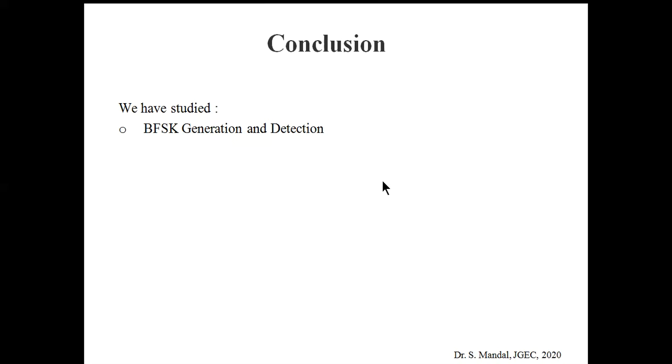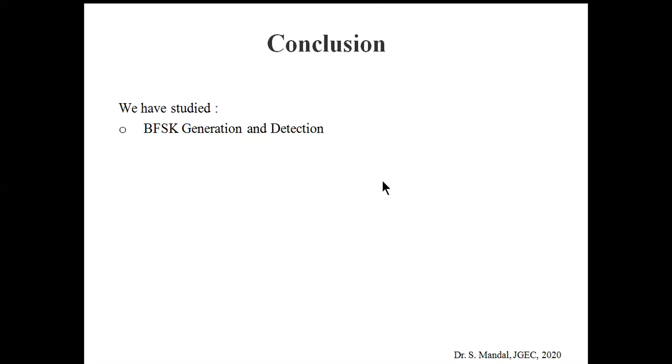Coming to the conclusion, in this class we have studied the properties of the BFSK signal: the waveform, the power spectral density, the signal space diagram, and the noise immunity. After that, we have also studied the different generation and detection techniques.